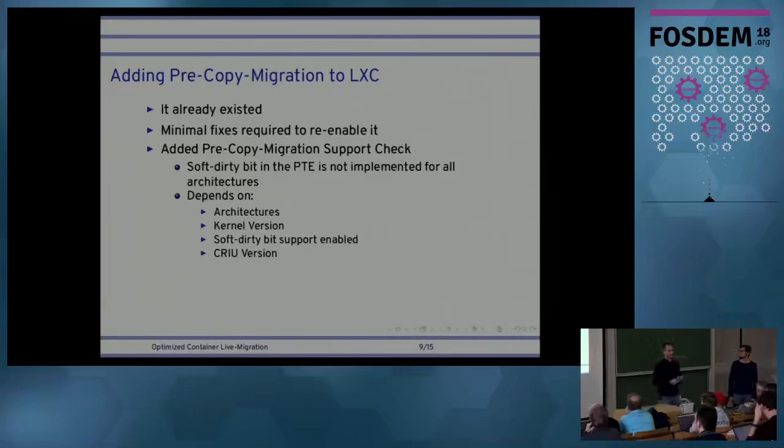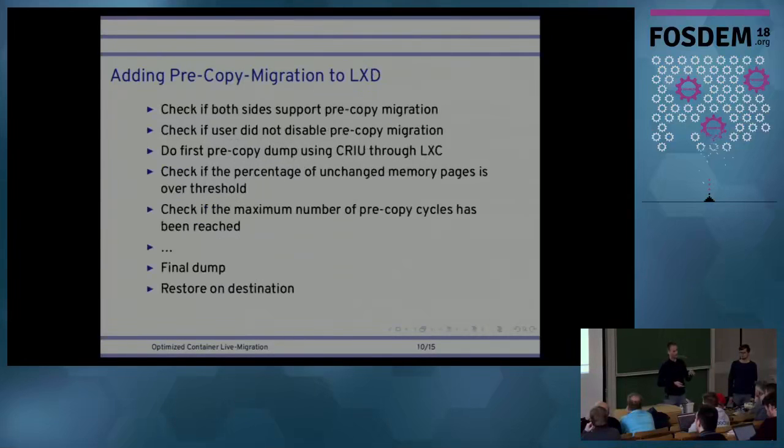Then it depends on the kernel version, if it actually knows about soft-dirty, and then it has to be enabled in the kernel, and then the CRIU version needs to be new enough to support pre-copy migration. All these things can luckily be easily checked by just calling CRIU and asking for a certain feature. And we added this whole checking into LXD so that we can detect if the currently running system actually supports pre-copy migration.